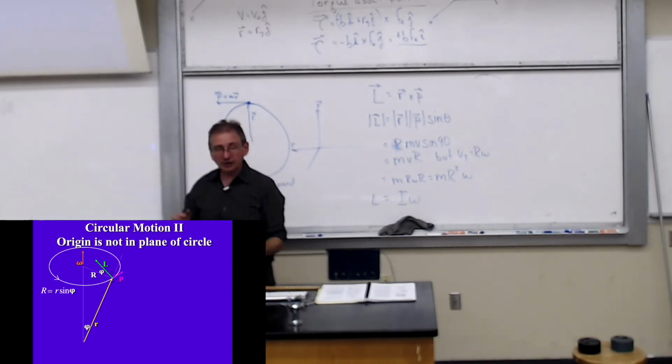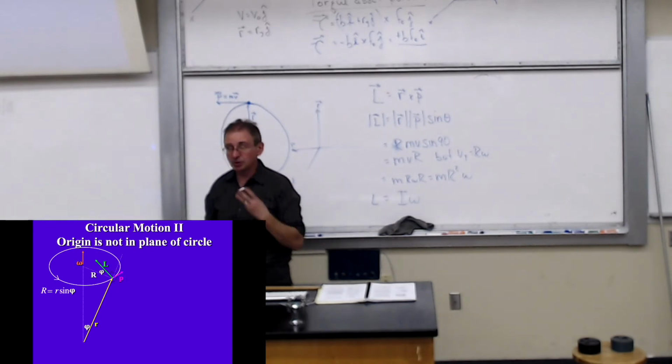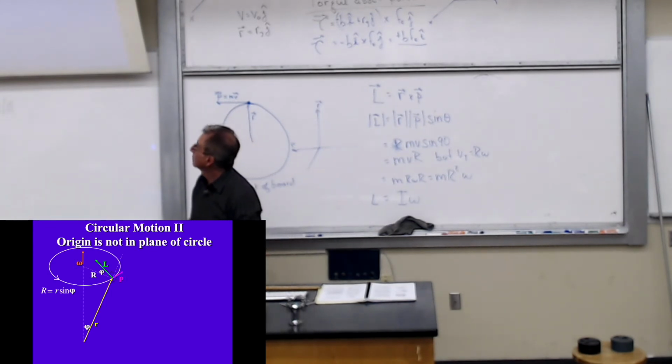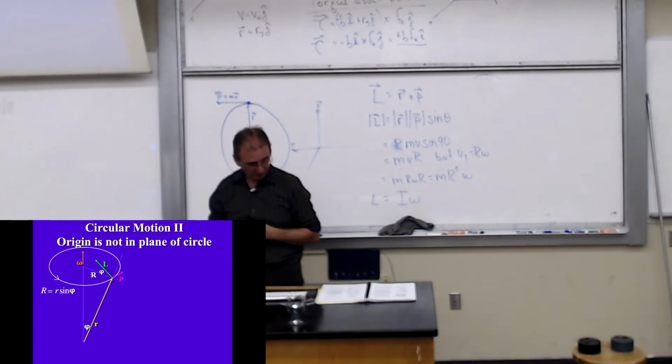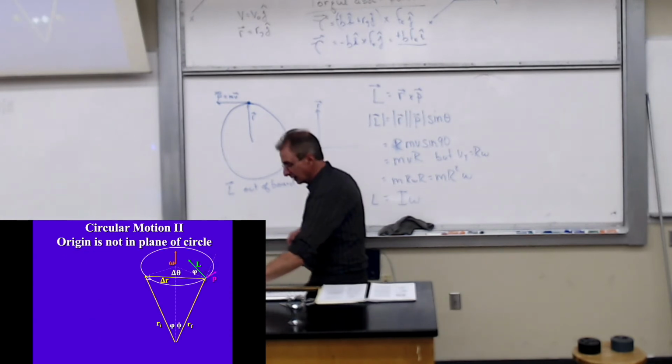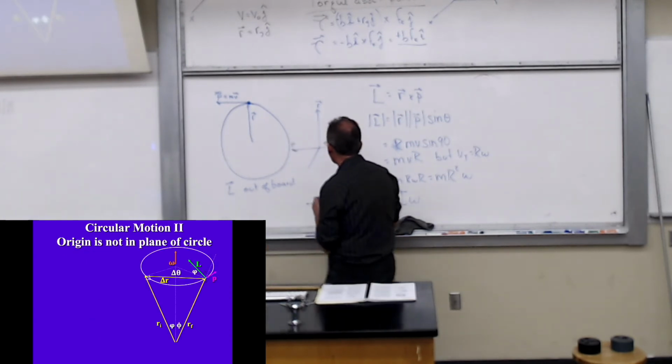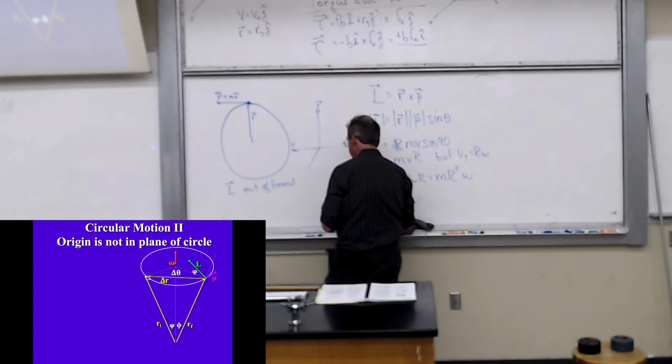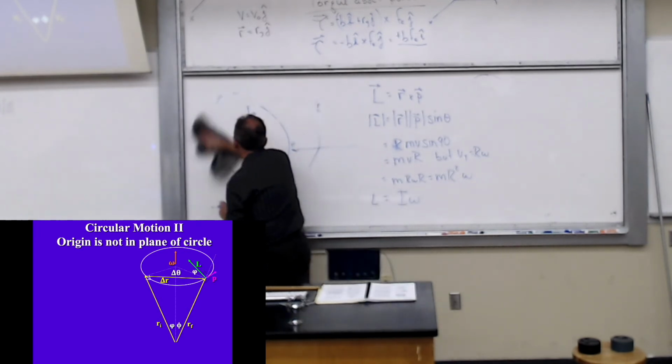The r vector has 3 components. Okay? This r vector has 3 components. Let me draw a coordinate system to illustrate this.